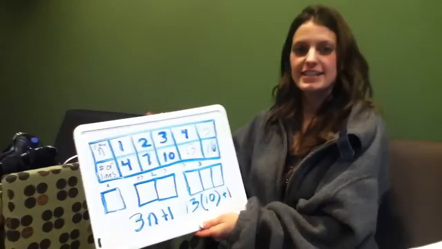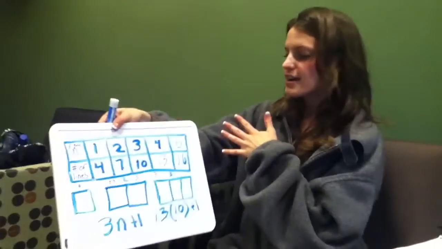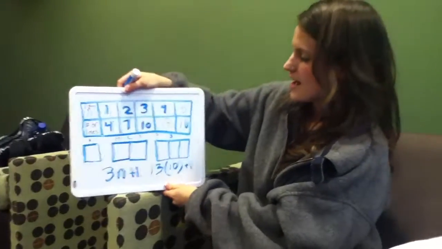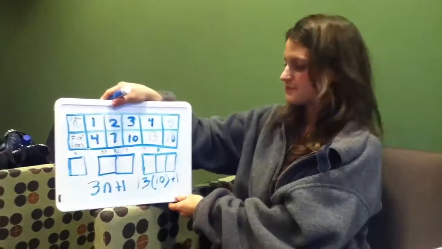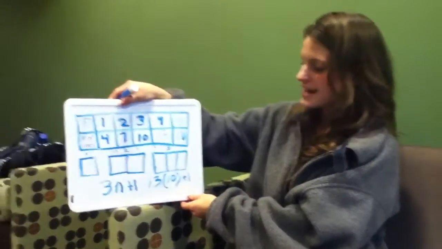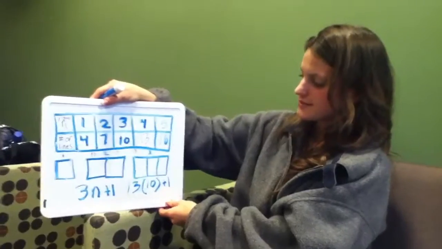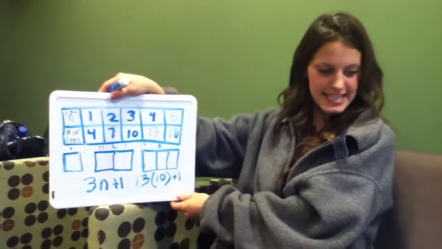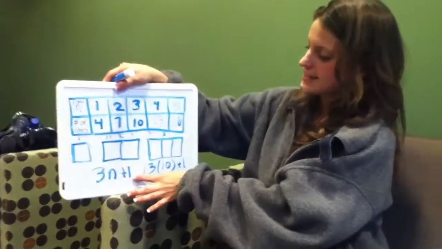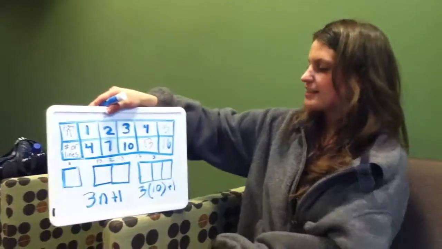And you could use this to find as many terms as you need, as far as this pattern would go. So that is how you figure out arithmetic sequences and find out the nth term and the equation.